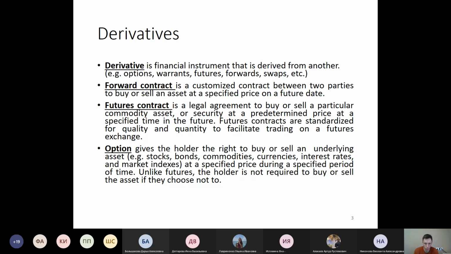So the forward contract is something that is settled between two parties, and it is an individual contract. The future contract is similar, but it has some fixed form for the type of asset which is uniform, and it can be traded on the market.